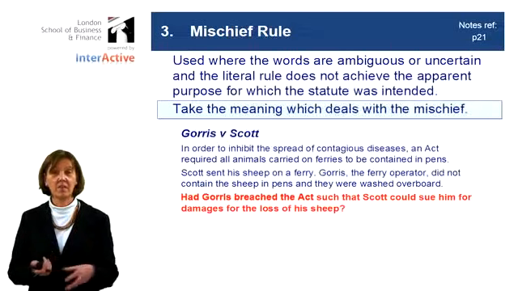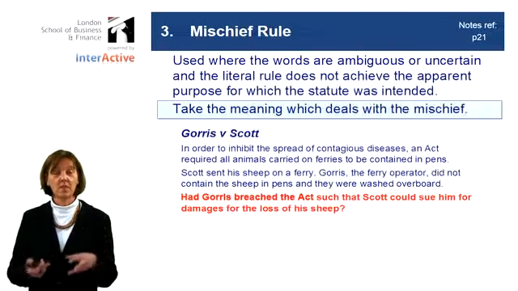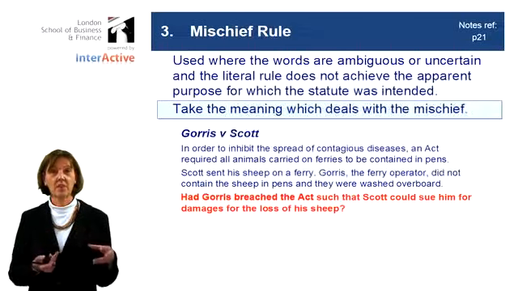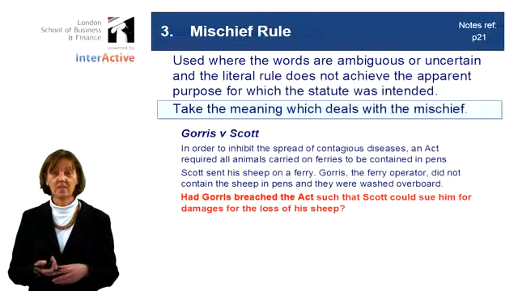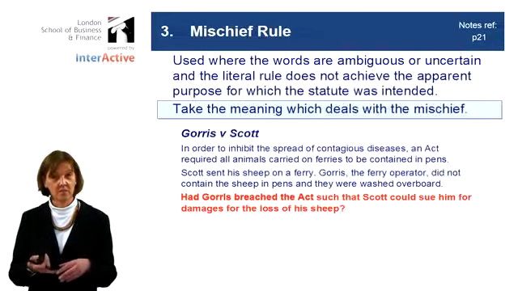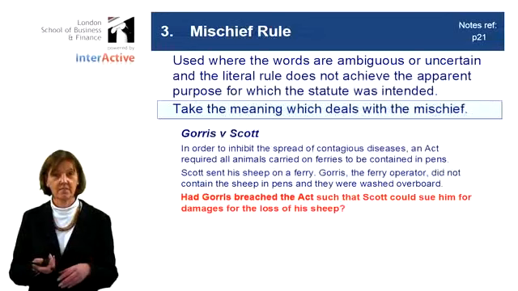So could Scott sue for the loss of his sheep? And the answer is no. Notice, by the way, if because they weren't in pens they'd caught a contagious disease, then yes, he would have been able to sue, because that's the mischief the Act was dealing with.